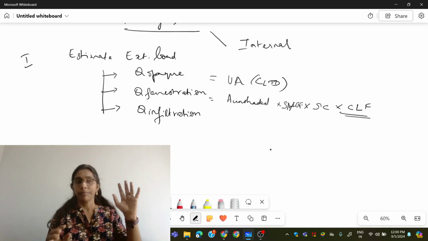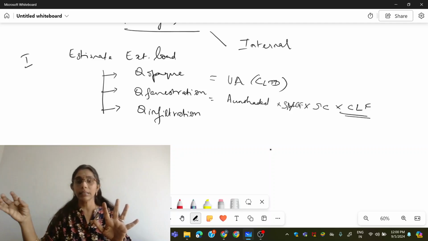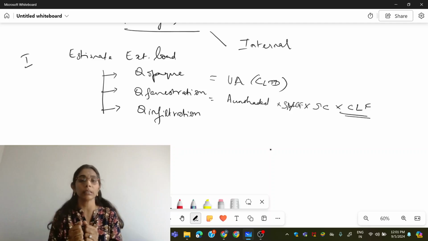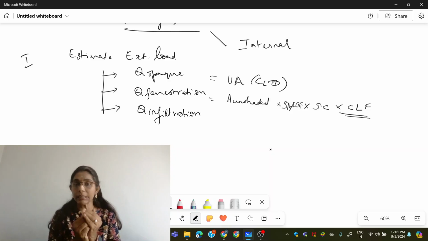So when 40% is entering the building, it doesn't mean all the 40% is being absorbed by the air. It falls here and there and then is re-radiated, and after some time only the air inside the room gets heated. So I can say only 30% of heat is being absorbed. So there is a decrement factor and also a time lag.